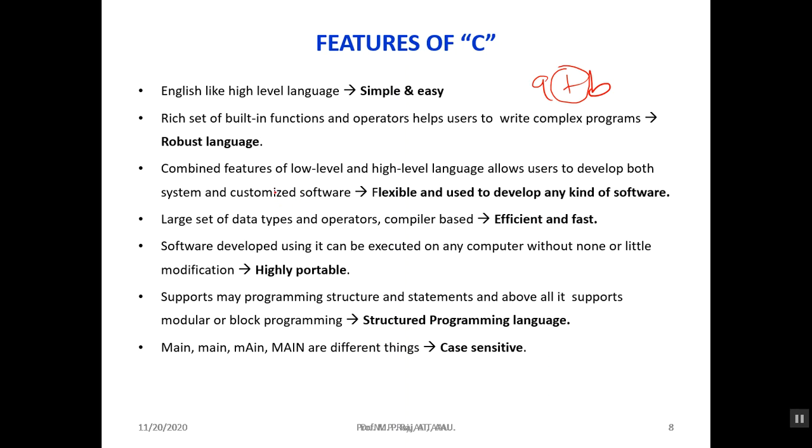So we say it has combined features of low level and high level language, which allows you to develop both system and customized software. If you are thinking about developing part of an OS library, you can develop it. Or if you want to design software like banking software or admission software, I can define such software in C too.